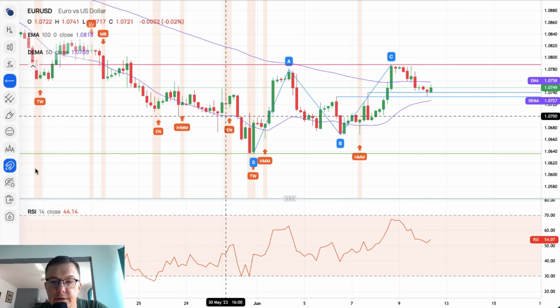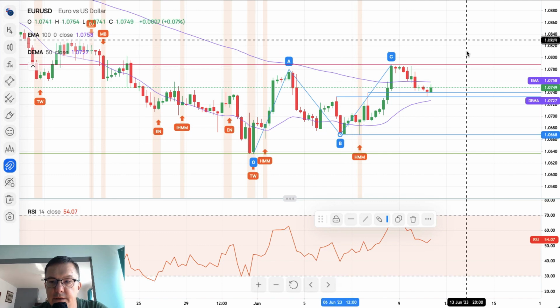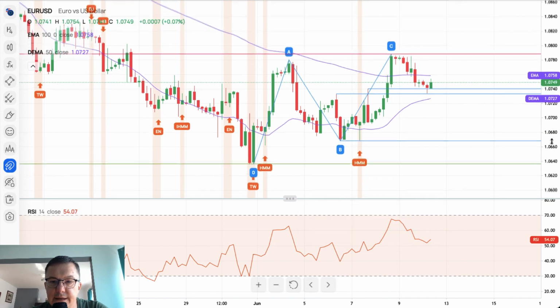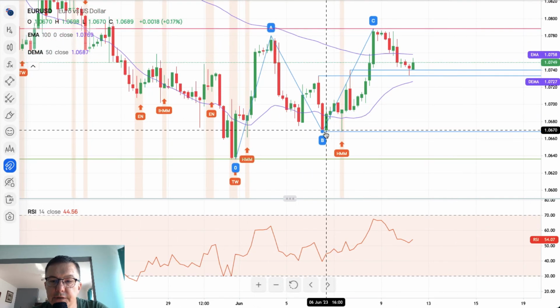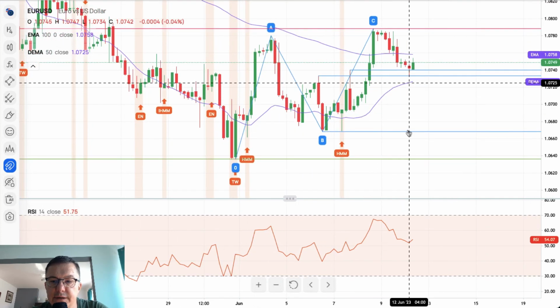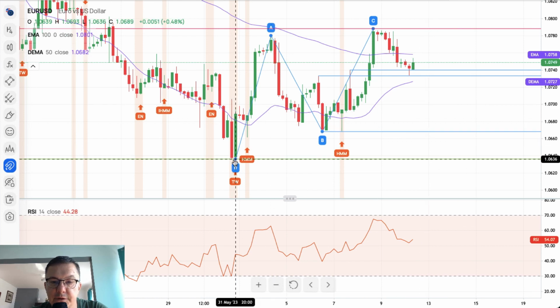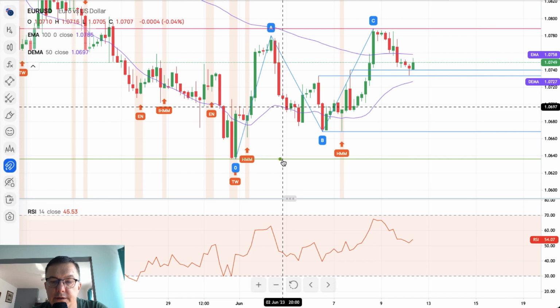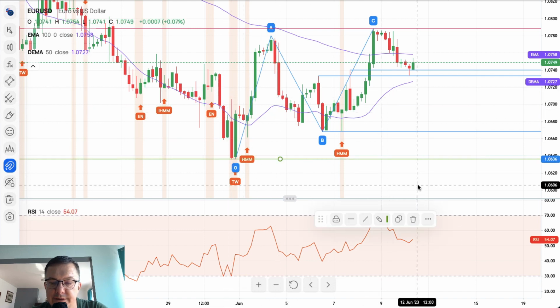The lower technical support for today is 1.0668, and if this level is violated, we should expect another movement to the downside, and this time it will be the lows, the very important technical support at 1.0636.